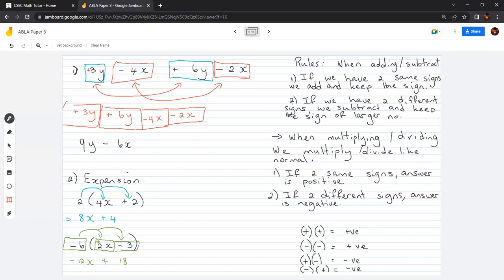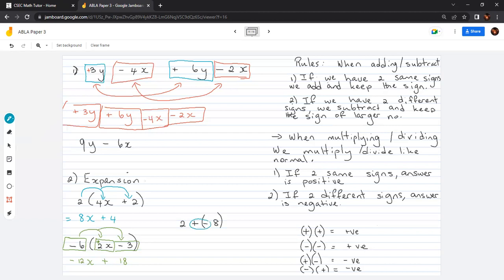All right, so let's say they gave you something like this. Anytime you have two signs back to back, these are the rules that we have to apply here.